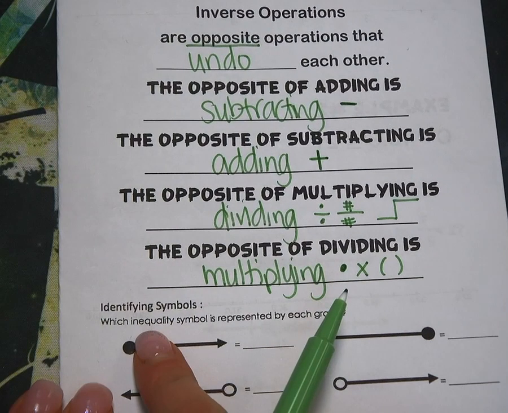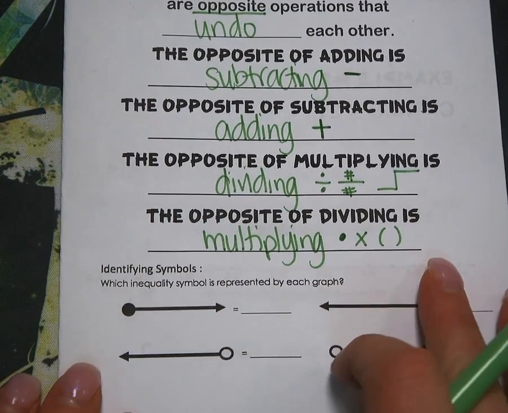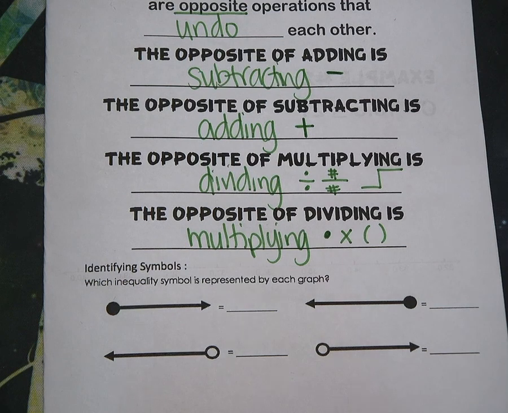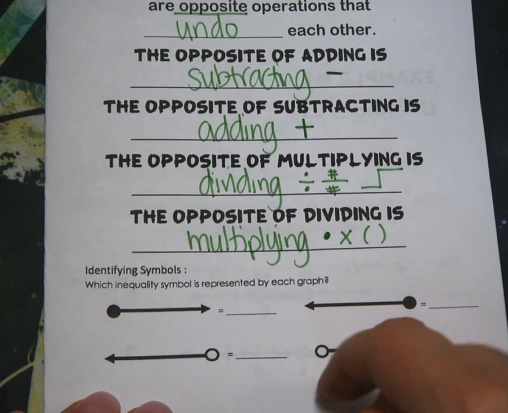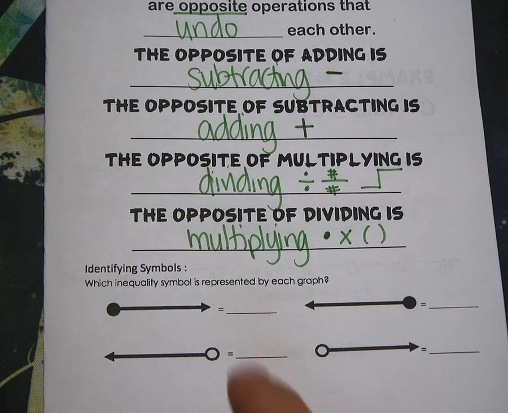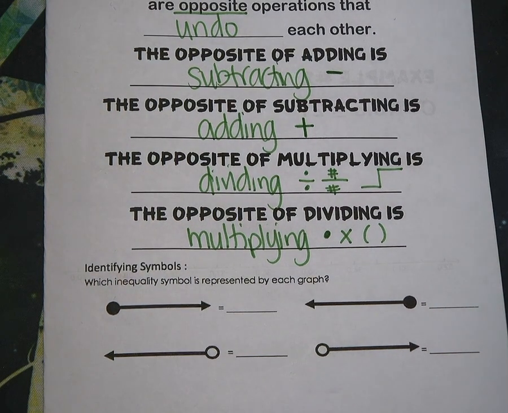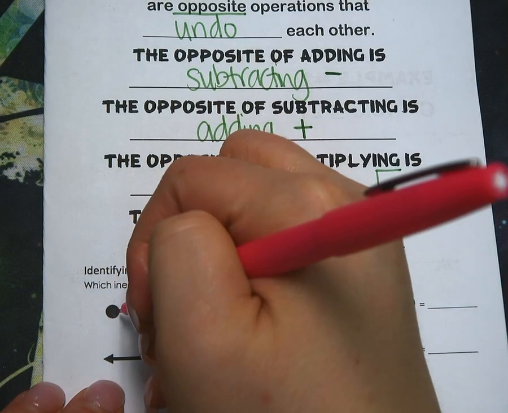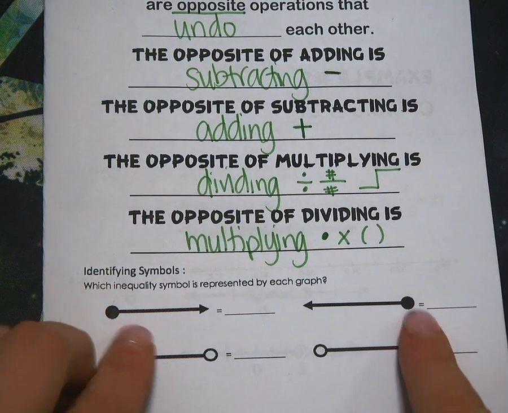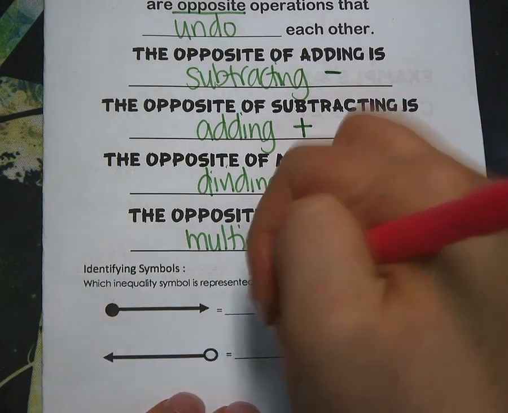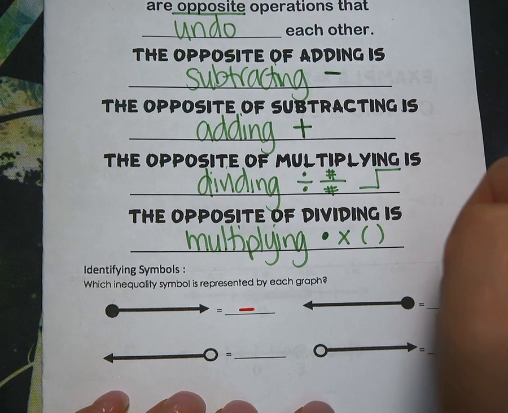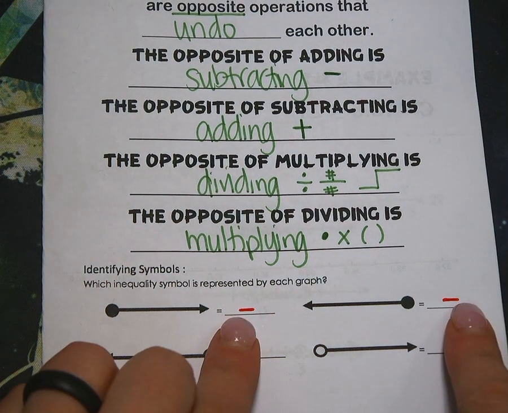We're going to go back over our symbols again one more time. So identifying symbols, which inequality symbol is represented by each graph. So today we're going to solve and graph, so we're going to need to use this information quite a bit. So again, yesterday on those notes we talked about when the circle is shaded in, when it's colored in like this, then we're going to have our equality line in our answer, okay?